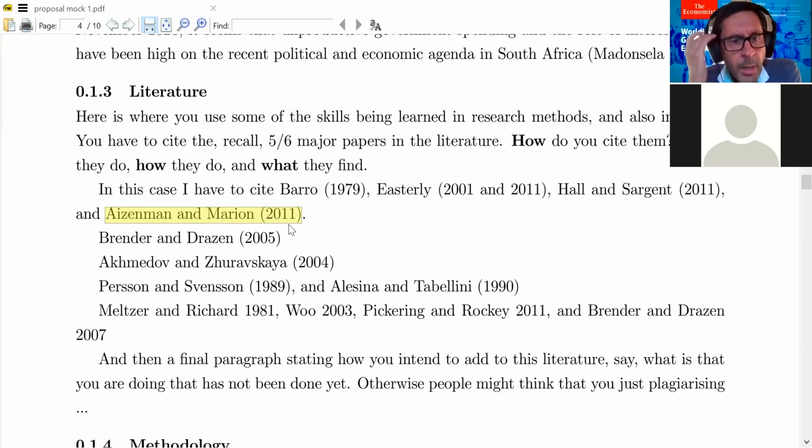You also have to cite the paper by Brender and Drazen, 2005. You also have to cite the papers by Acemoglu and Zilibotti in QJE, and papers by Persson and Svensson and Alesina and Tabellini. So these are all essentially, folks, the different ramifications of the research question, right? This is essentially macroeconomic performance.